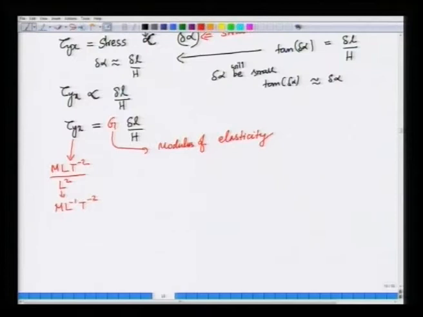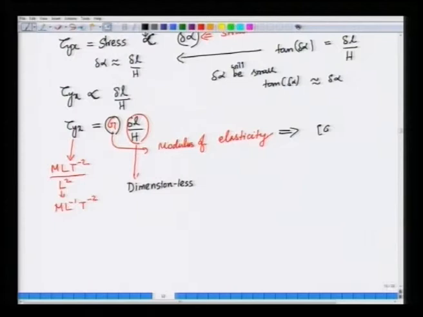And this group is a ratio of two lengths, so it is dimensionless. It has no dimensions because it is length divided by length. So, strain in a solid is dimensionless, and the modulus of elasticity will have the same dimensions as stress.